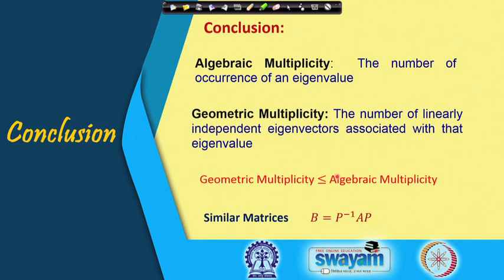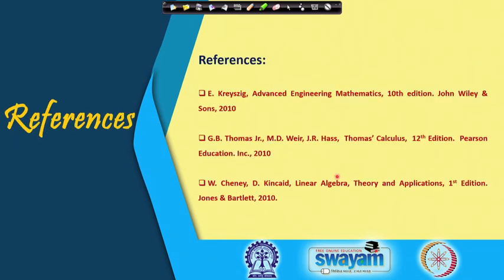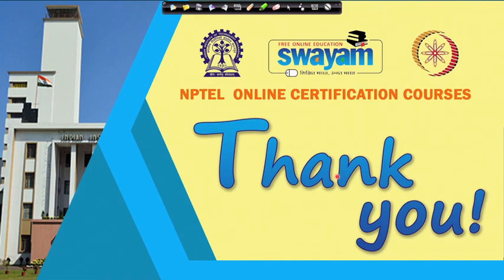We have also talked about similar matrices: B and A are called similar if B is equal to P inverse A P for some invertible matrix P. These are the references used to prepare these lectures, and thank you for your attention.